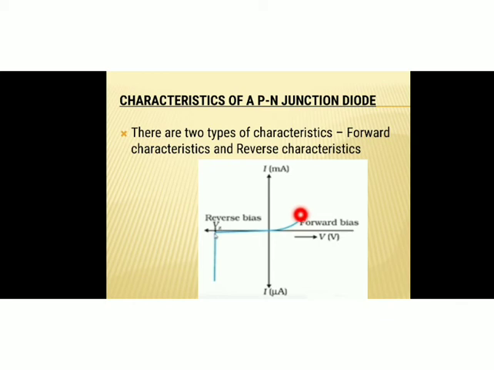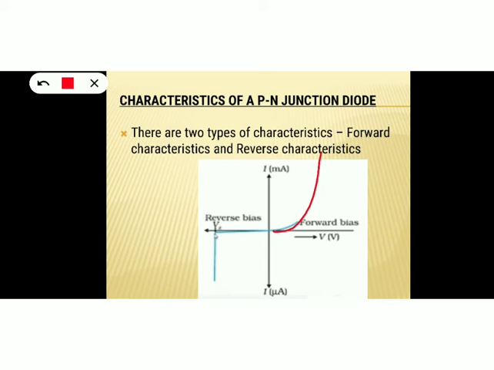That means the externally applied voltage should be greater than the threshold voltage of that diode. Then after that, as the voltage increases, the current also increases. The graph will go like this. Okay children, so this is the VI characteristics of forward bias.